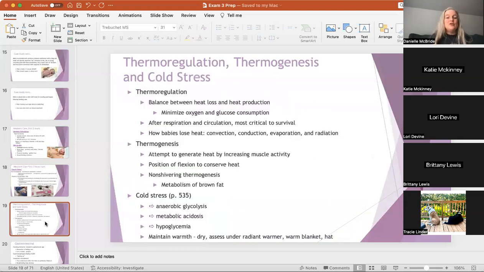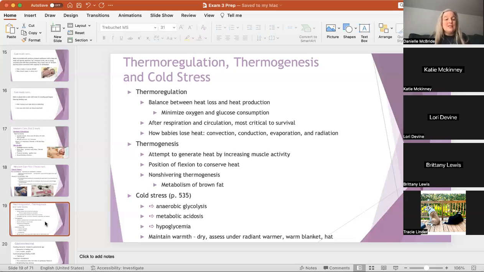All right, so thermal regulation, we kind of talked about this already, right? With keeping our babies warm. We need to try to minimize cold stress. If babies get cold, then they start using their own brown fat because they can't shiver for warmth, and it puts them into a metabolic acidosis. It causes hypoglycemia.